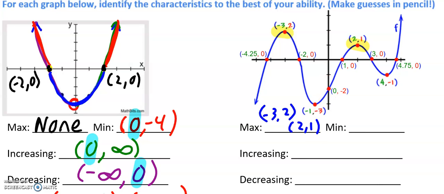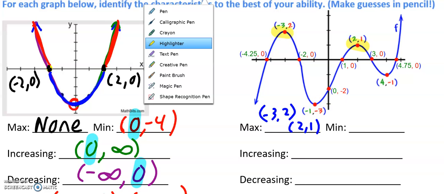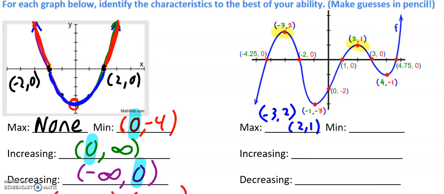I also have two minimums, here and here.